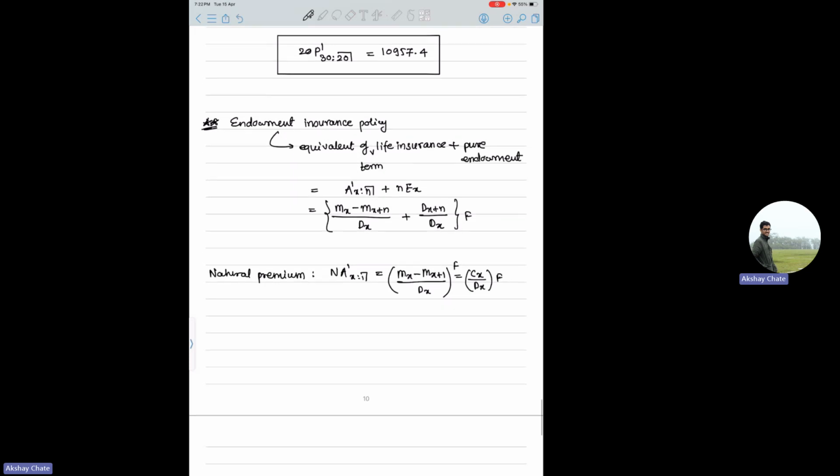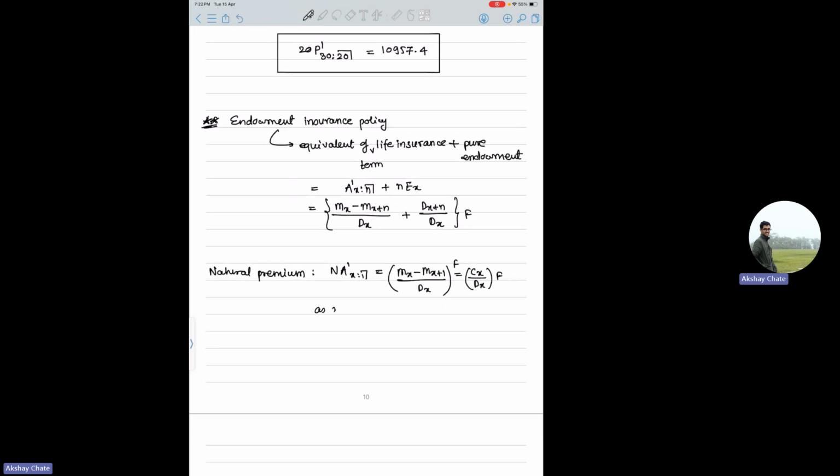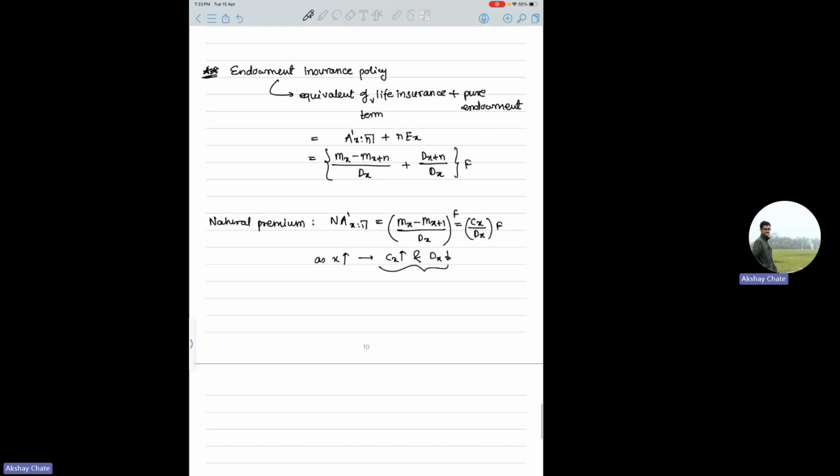And here you can see that as x increases, this number goes up because Cx increases and Dx decreases. You can check it from your table also. So this makes the initial natural premium, if you want to do it in lump sum or single payment, very high.